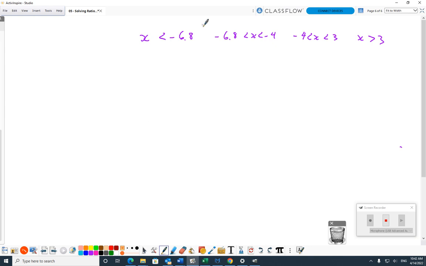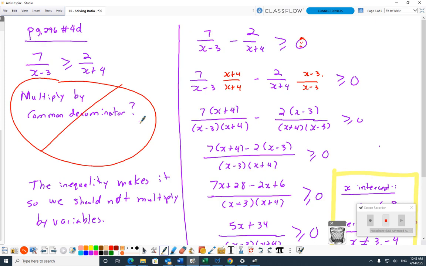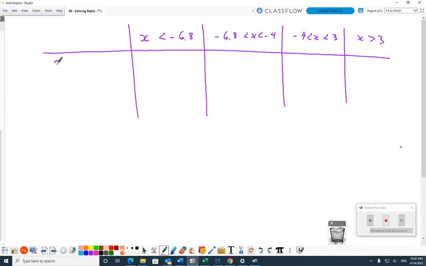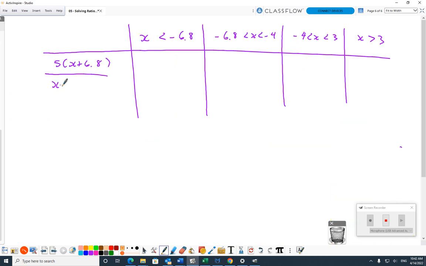And then, like this. Now I need that whole function. It was 5 bracket x plus 6.8. And the denominator was x minus 3, x plus 4. And this building of charts thing, I hope it's coming easy for you now.